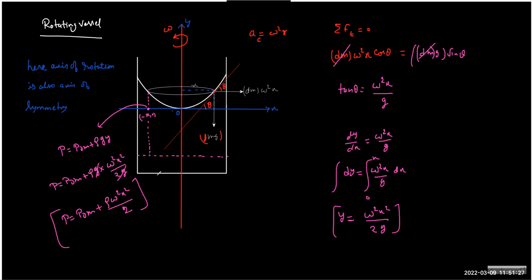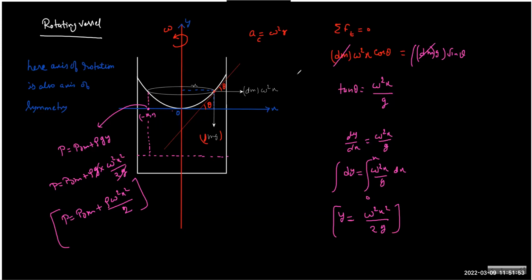So in case of a rotating vessel, what is the rule? As you go away from the axis, pressure will decrease or increase? Away from the axis, pressure will increase, and towards the axis, it will decrease.